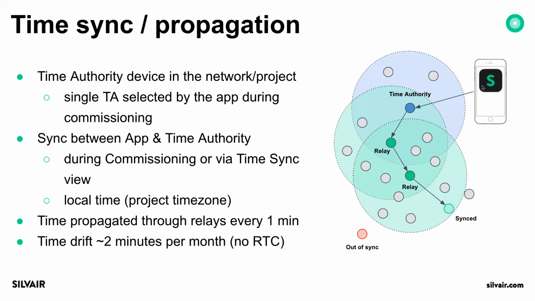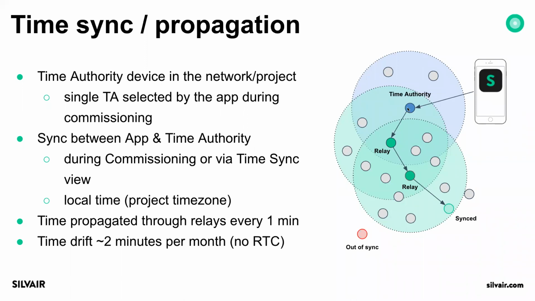So let's imagine that it's 2 p.m. and we're on-site, adding devices to the zones. The mobile app is adding devices and identifying those devices which have the best accuracy of timekeeping, and then this particular device is selected to be the time authority.